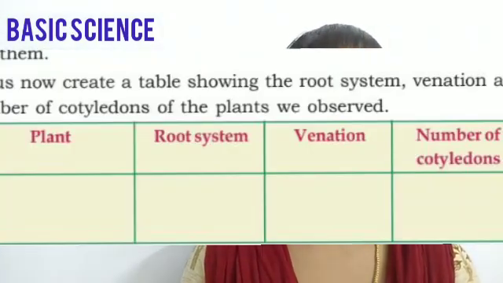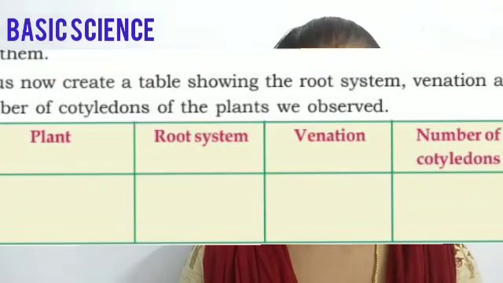So is it clear? Now in your textbook there is one activity. You have to write the name of the plant, the root system, and the venation, which we studied in the last class. Hope you remember that. Then the cotyledons. You can add 2 or 3 plants.